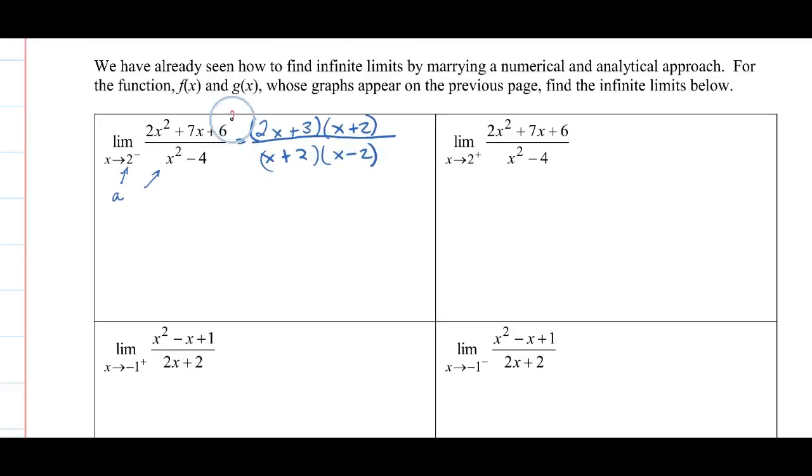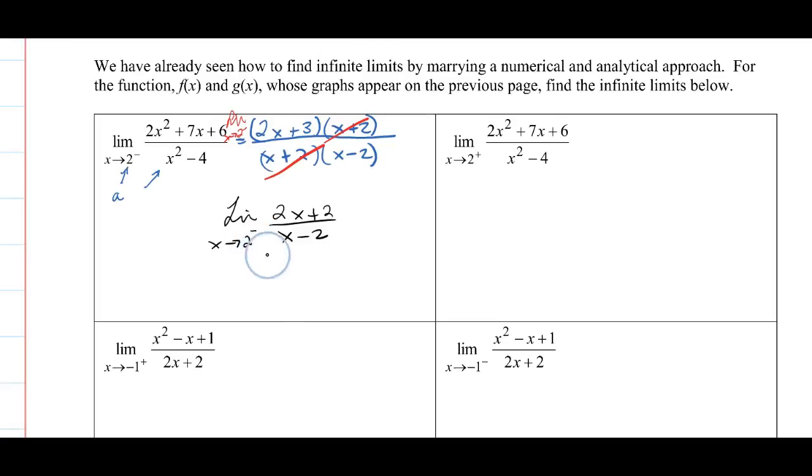And this is the limit as x approaches 2 from the left. I can cancel my x plus 2's, leaving the limit of 2x plus 3 over x minus 2 as x approaches 2 from the left.